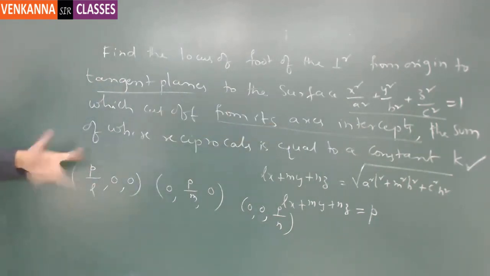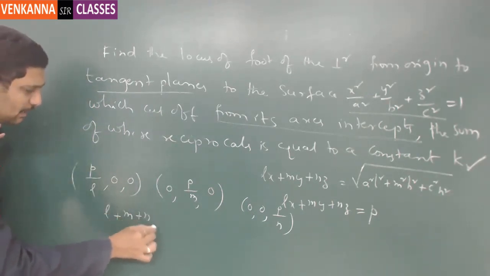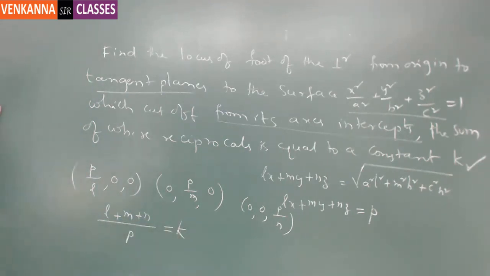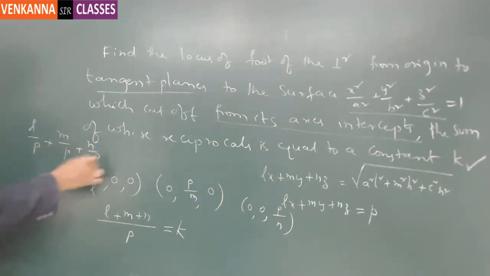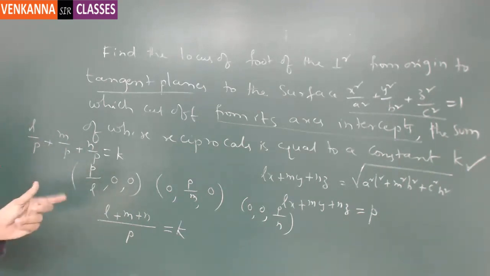So if you take the reciprocals and consider the sum, it is nothing but (l + m + n)/p = k as per the problem. Agreed? It is nothing but l/p + m/p + n/p = k. The sum of the reciprocals of the intercepts is equal to k. Are you getting or not?